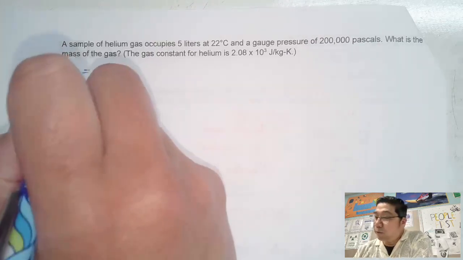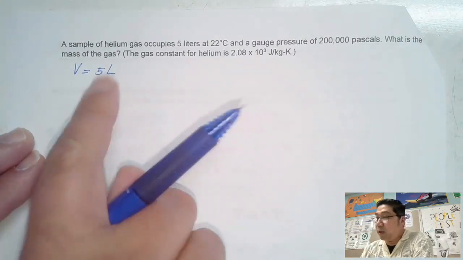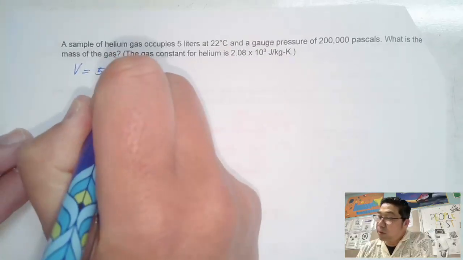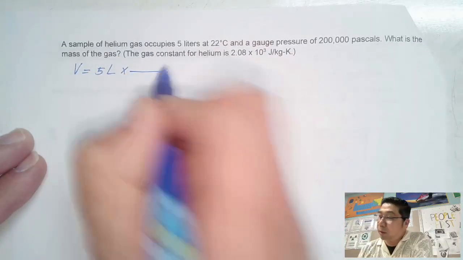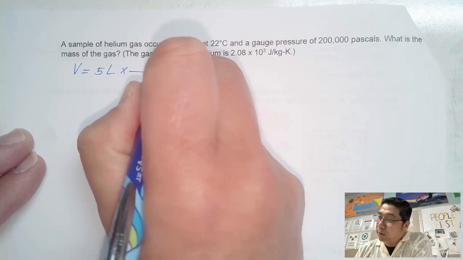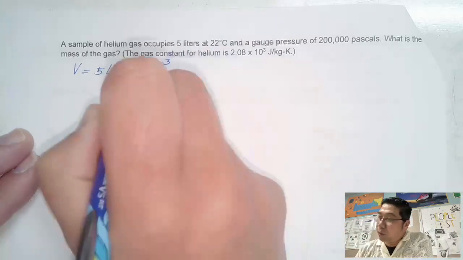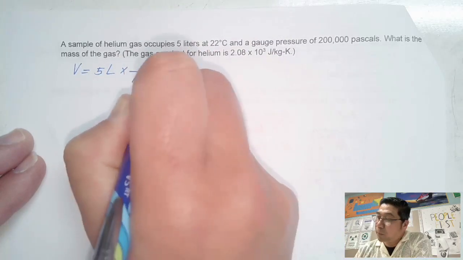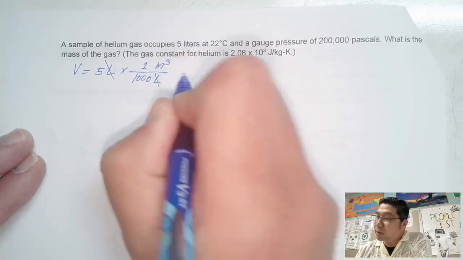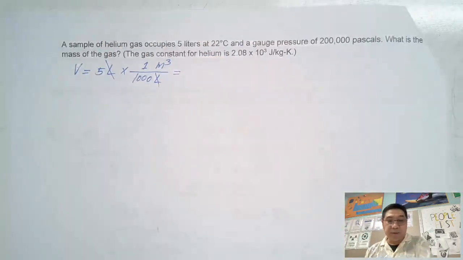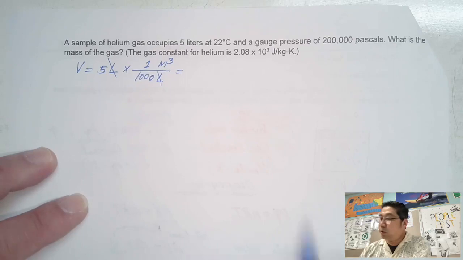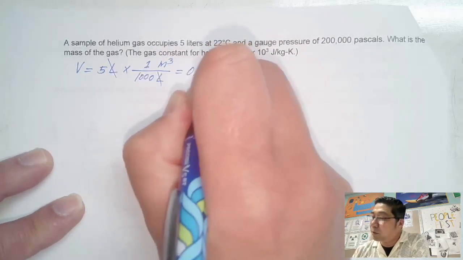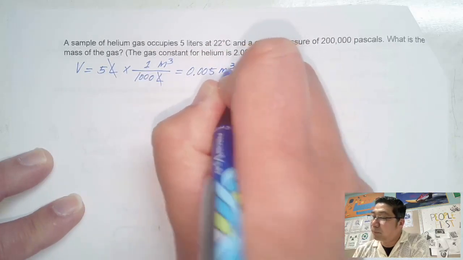But we cannot use liters. Instead, we have to convert this into cubic meter. Cubic meter will be on the top, which is bigger, and there's 1,000 liters. So you divide 5 by 1,000. Therefore, your volume will be 0.005 cubic meter.